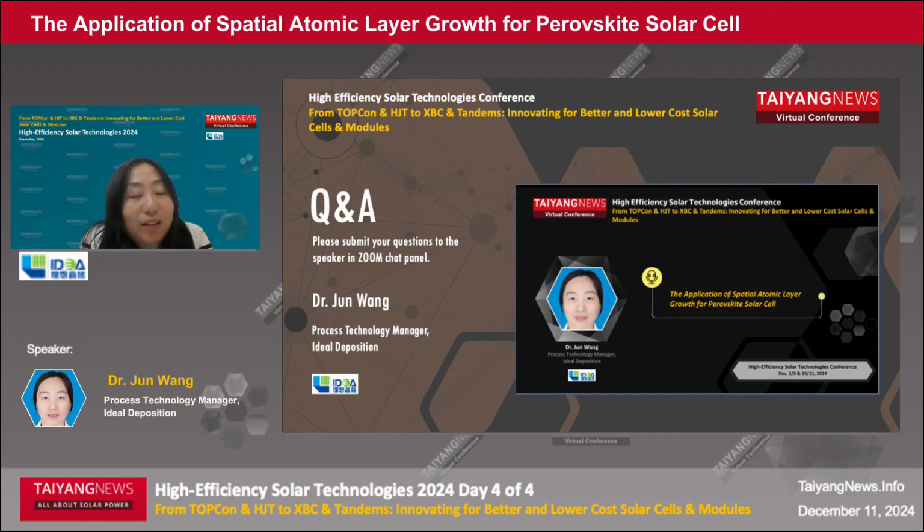So it's quite hard to say which will be the winner, but as we know, a lot of solar cell companies are more interested in SALD growth because it has a high deposition rate, can grow the film faster, can grow large areas, and is suitable for mass production.